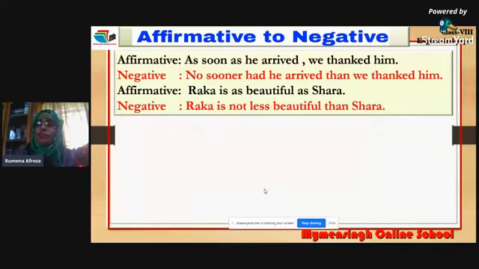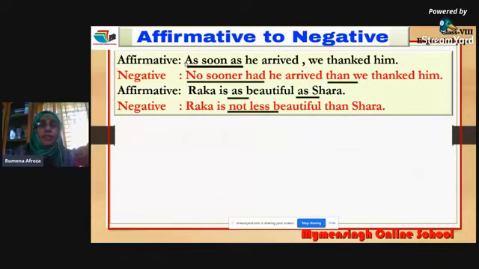But one thing you should keep in mind is that if we use no sooner had, the verb will be verb 3, that means past participle form. And instead of a comma, you have to use than. Okay, so this is the difference: as soon as and no sooner had.